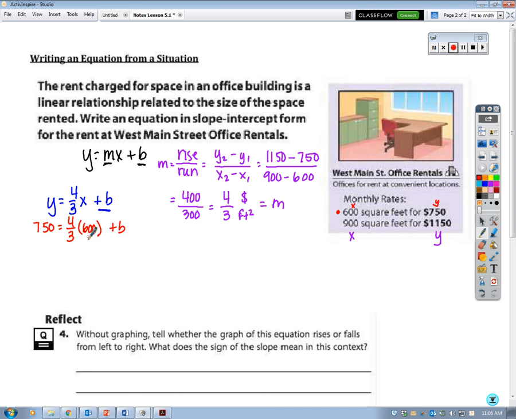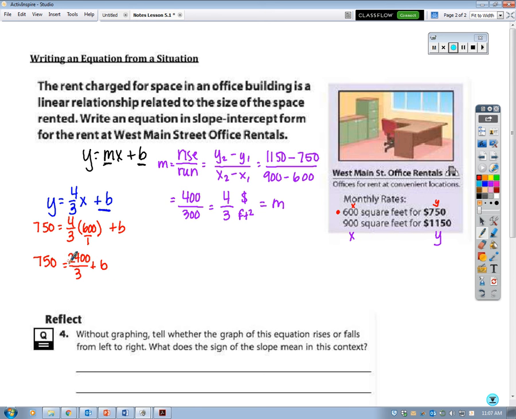So 600 times 4 over 3, put 600 over 1. 4 times 6 is 24, so that's going to be 2,400, and 3 times 1 is 3. So now I've got 750 equals 2,400 over 3 plus b.